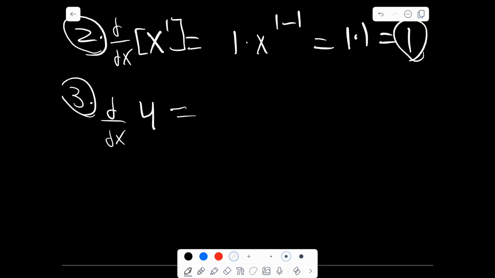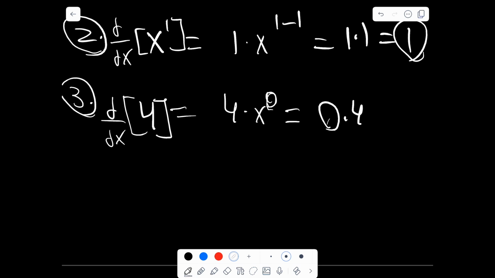I'm always forgetting that. A 4 on its own is just 4 times x to the 0, because x to the 0, as we went over before, is just 1. So if we follow that same logic, we bring the 0 to the front times the 4, 0 minus 1, and because the 0 times the 4 is 0, whatever this is doesn't really matter. So we're left with 0.